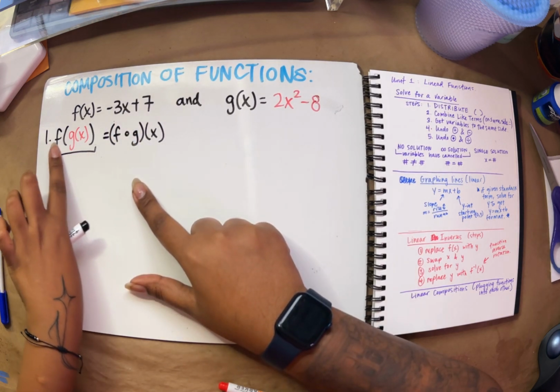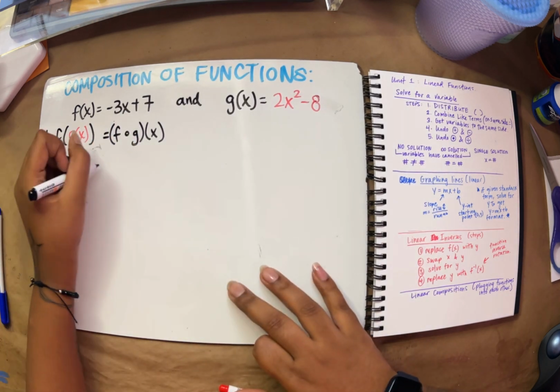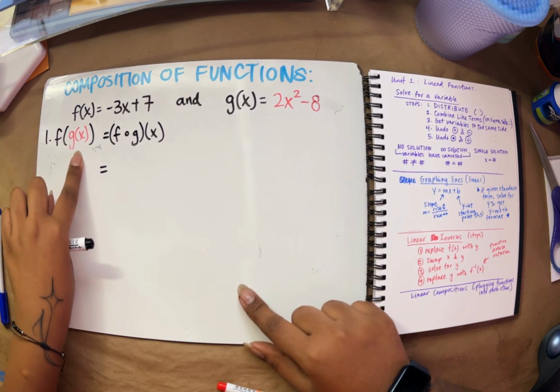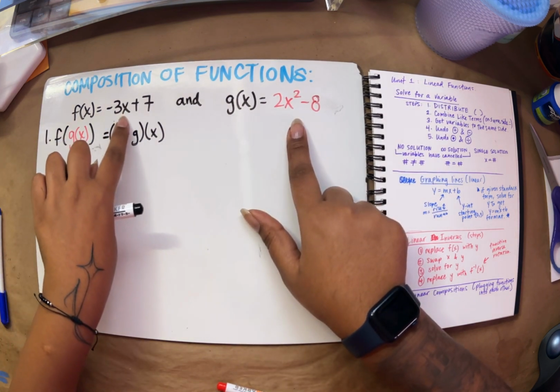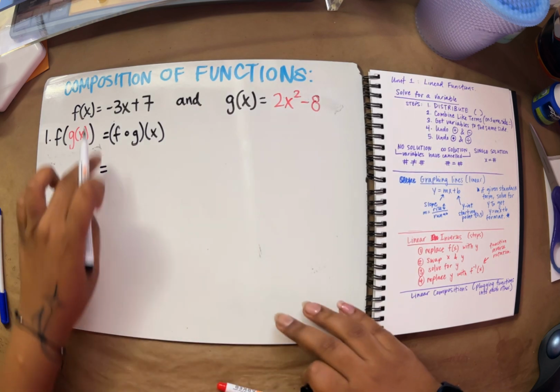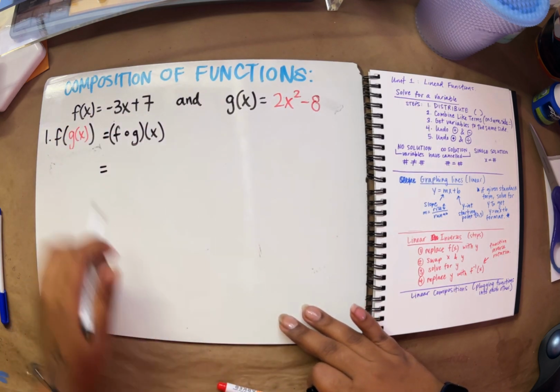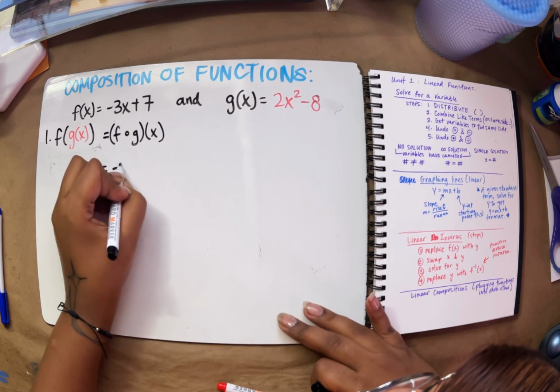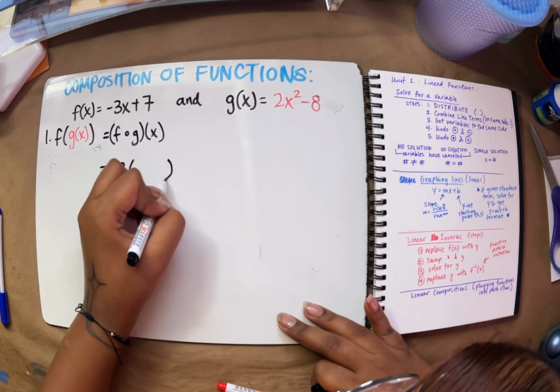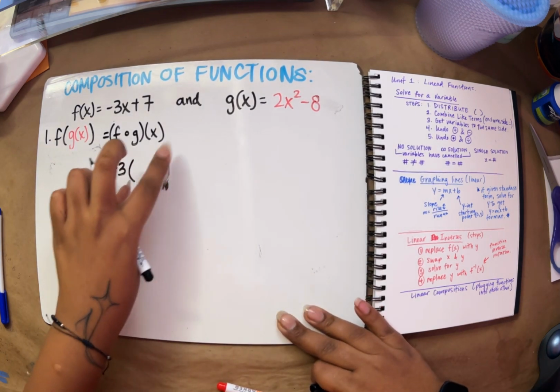So that's all I'm doing, is I'm plugging it in. So I have g of x goes on the inside of the x variable. So I have negative 3x plus 7 for my f of x. I know that I'm going to plug something in for my x value. My g of x is going to go in there.